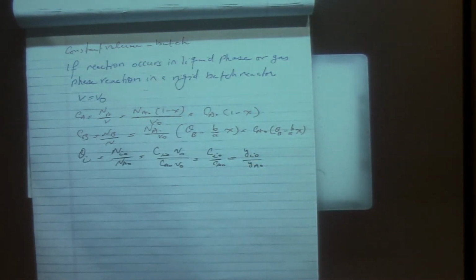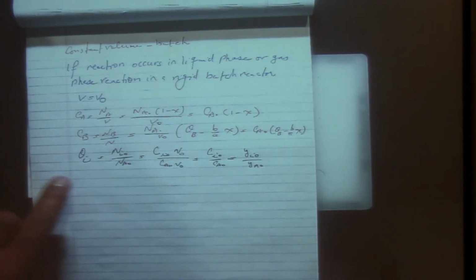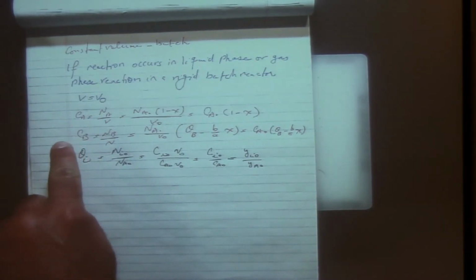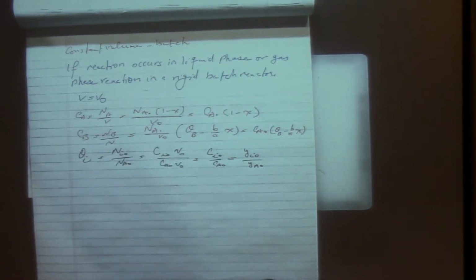So the point of theta is that we want to write everything based on the limiting reactant. If you didn't want to write it based on the limiting reactant, CB would have been CB0 times, on the left-hand side, (1 minus XB), not XA. But by convention, we agree that X is the conversion of the limiting reactant, so as not to get confused.